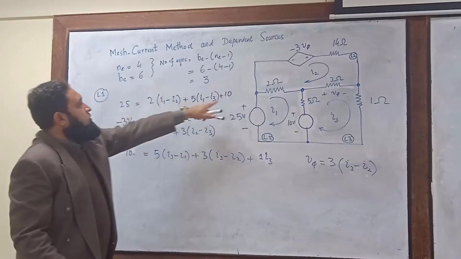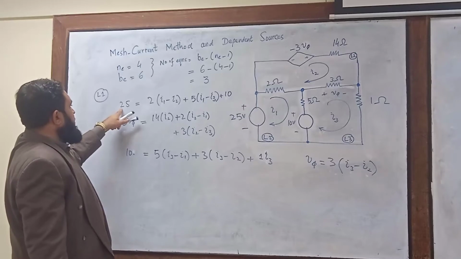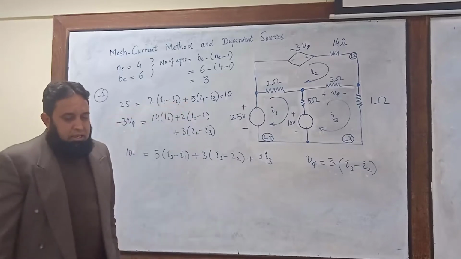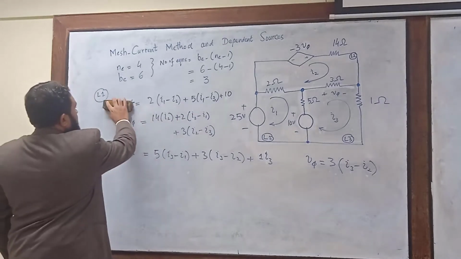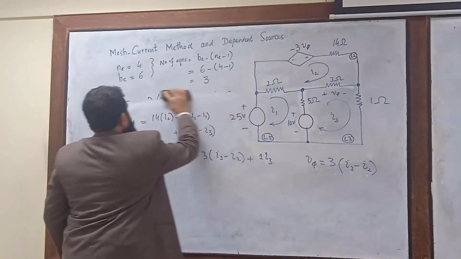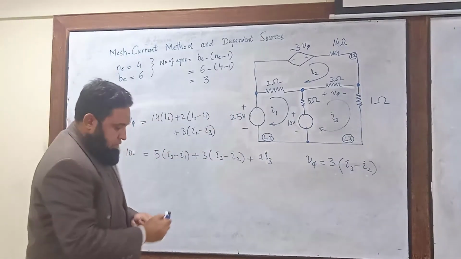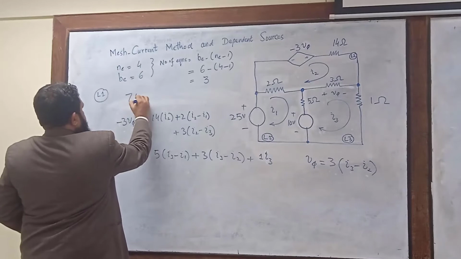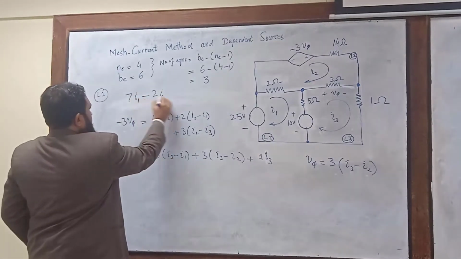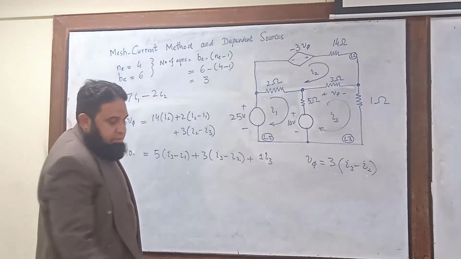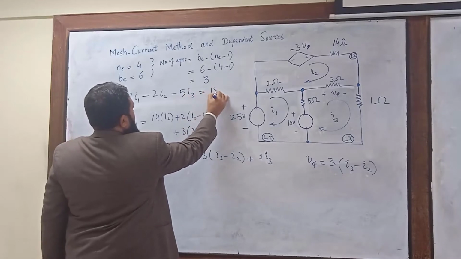Transpose this 10 ohm term to the left side, so you will have 25 minus 10, which is 15. So we can write this expression as 7I1 minus 2I2 minus 5I3 is equal to 15.